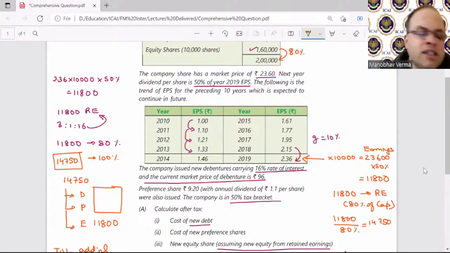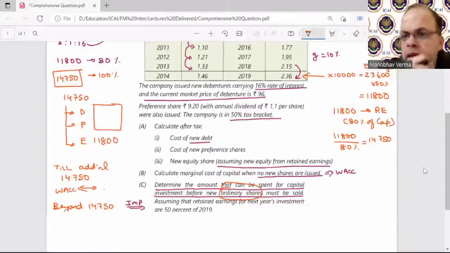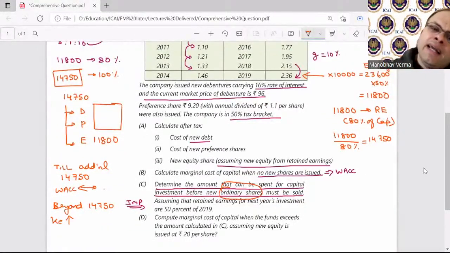So that means I can spend 14,750 without raising additional share capital. 11,800 comes from the retained earnings itself, because retained earnings are part of equity share capital, right? I hope, Charu, that is clear now.